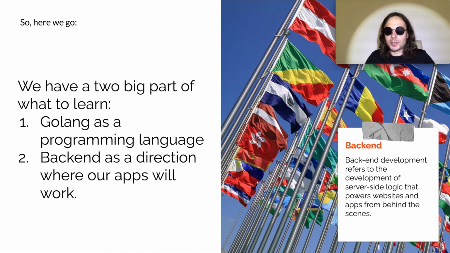Then, of course, cloud service providers like AWS and CI/CD pipelines. So it is a full package, and I believe that after this course, you will be able to work as a good, normal Golang backend engineer.